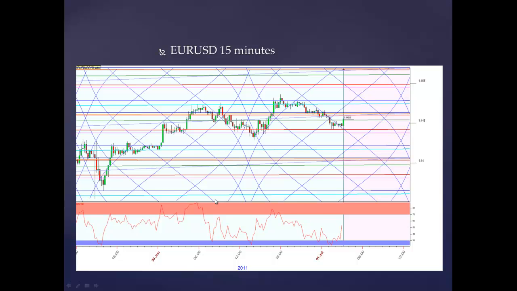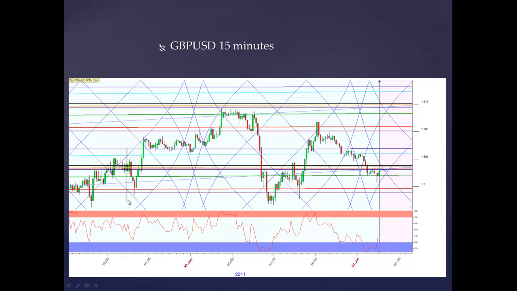Let's have a look at the British pound. The same sort of thing here. I found support on these, that's Mars and Pluto. Sorry, I haven't labelled all the planets on this one; I just do my own colours so I remember what they are. You can see when it reached that clustering, that cardinal square there, it found it very difficult to get through, and it came down again.